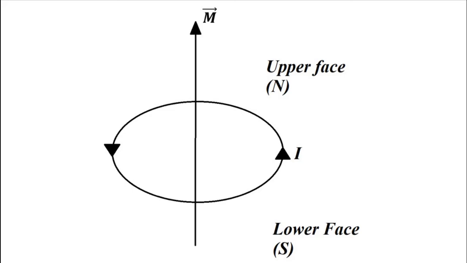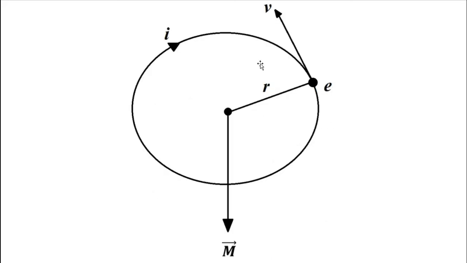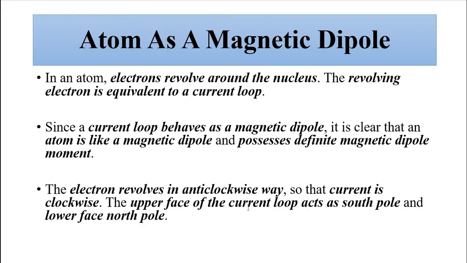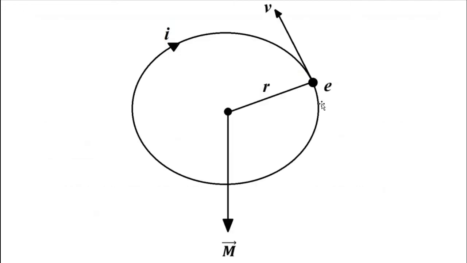Now when an electron moves around the nucleus with a certain velocity, it is similar to a loop of wire carrying current. This movement of the electron gives rise to current flow in the opposite direction, because we know current flows in the opposite direction to that of the movement of the electron.